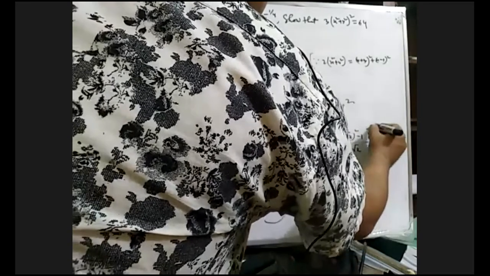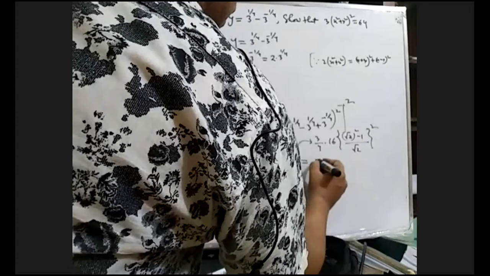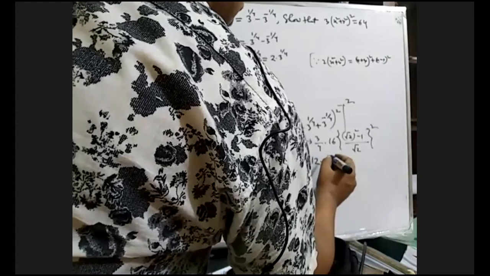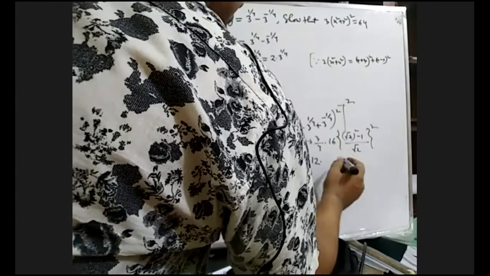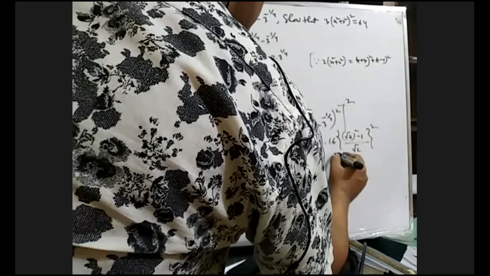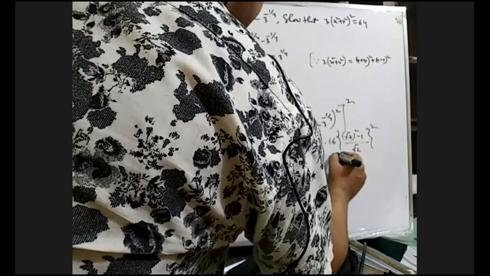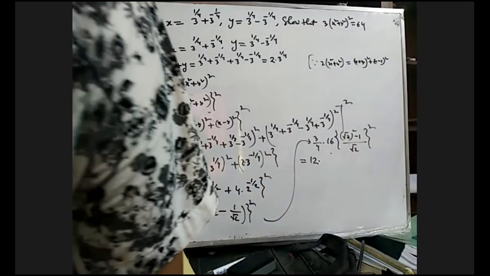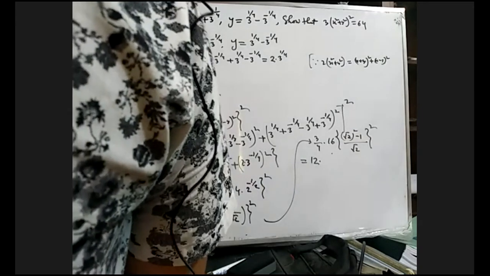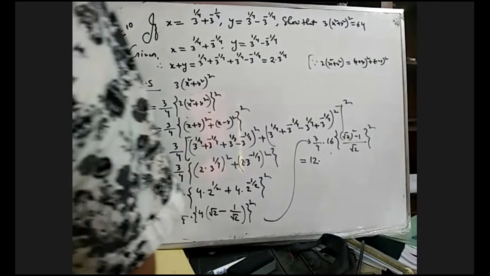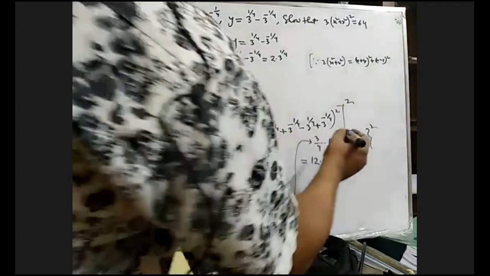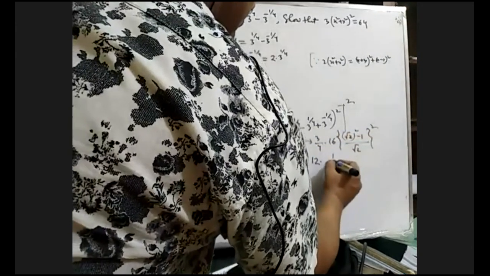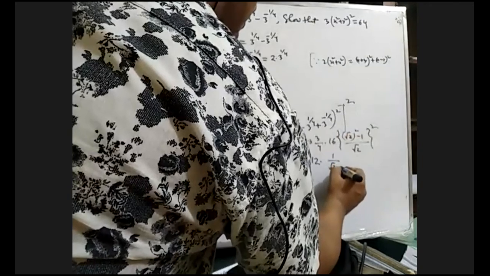Root over 2 whole square means what? 2, minus 1. So 1 by, 1 by what? 1 by root over 2.